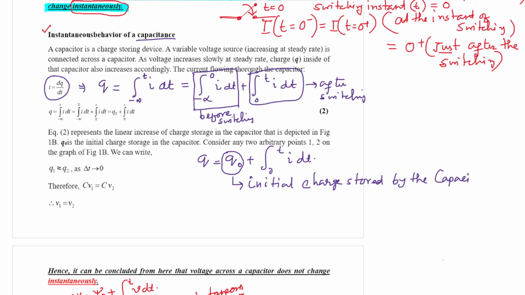When a capacitor is in operation in an electrical network, we don't know actually whether it contains some initial charge or not. If it does not contain an initial charge, then Q0 becomes 0. However, if it really contains some amount of charge, to account for this fact, we consider this additional term Q0.